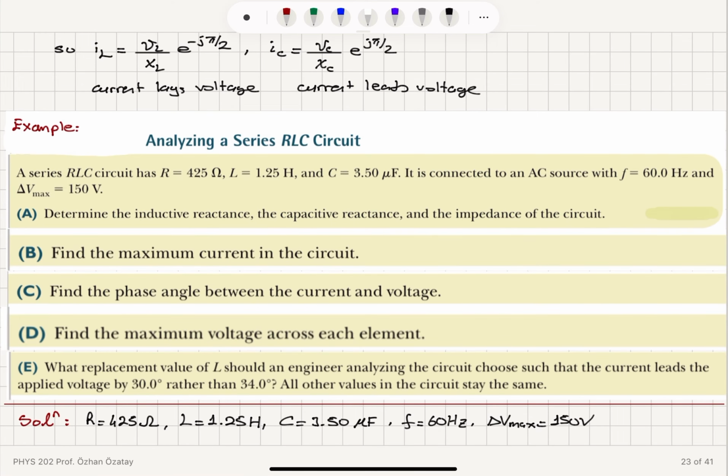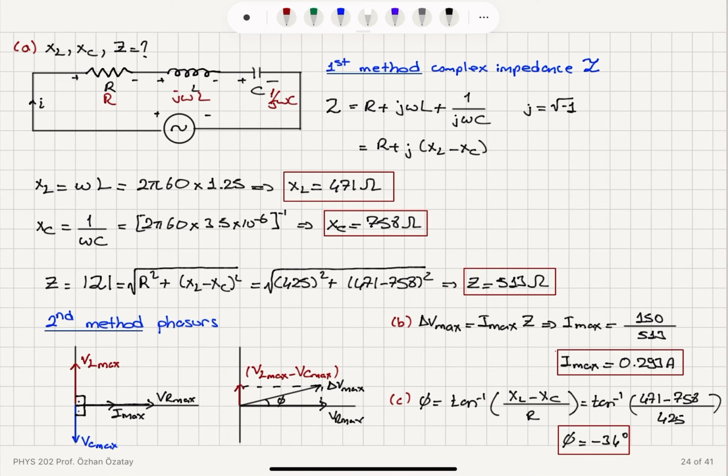Okay, and we have applied these results to a numerical circuit analysis, and we can calculate XL as omega L, XC as 1 over omega C, and the magnitude of the complex impedance Z, or we can look at the phasors and perform the same analysis. And delta V max will be I max times Z. That's the whole idea.